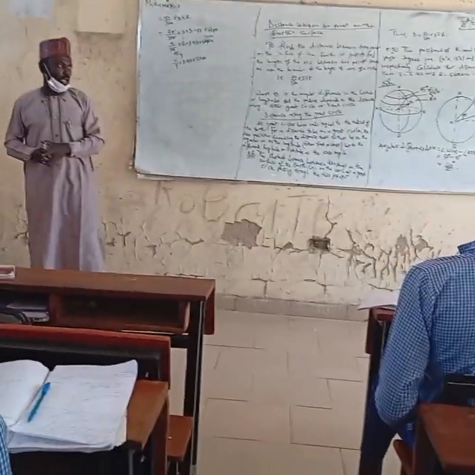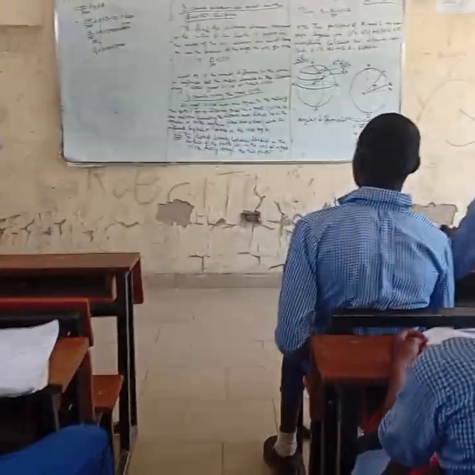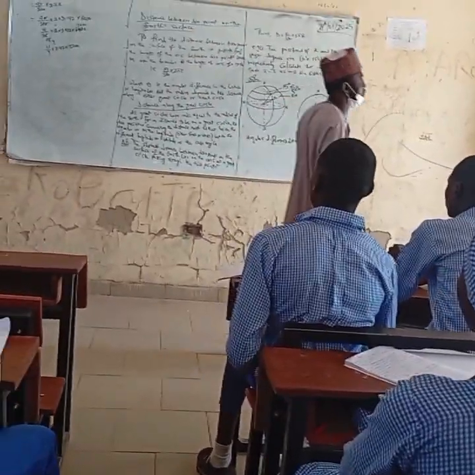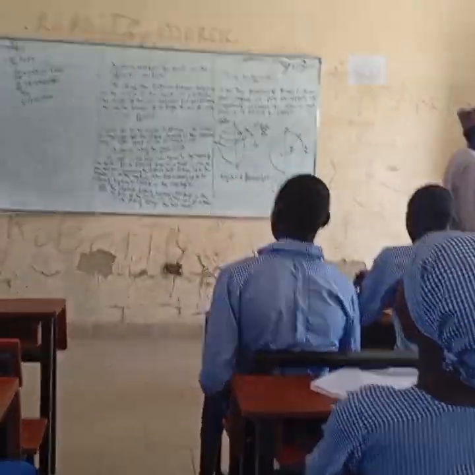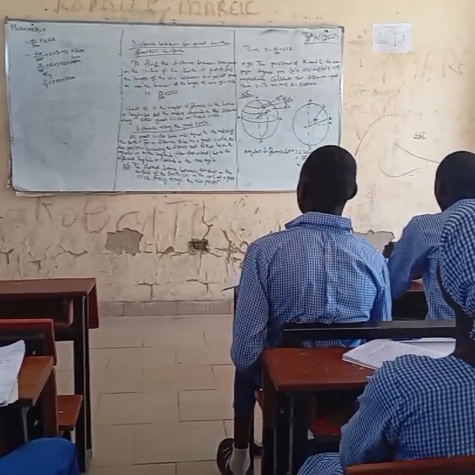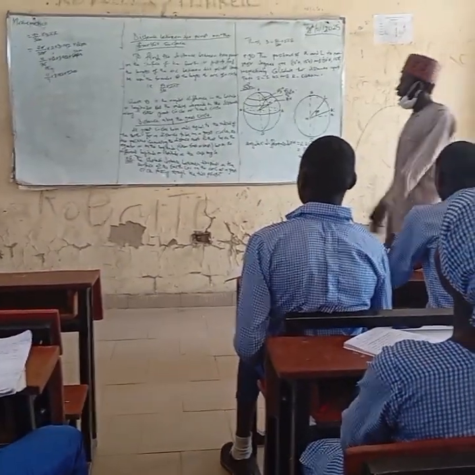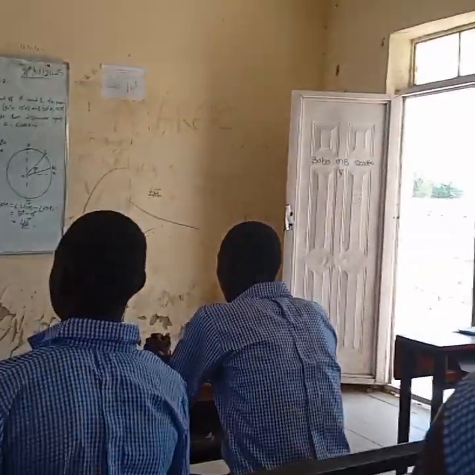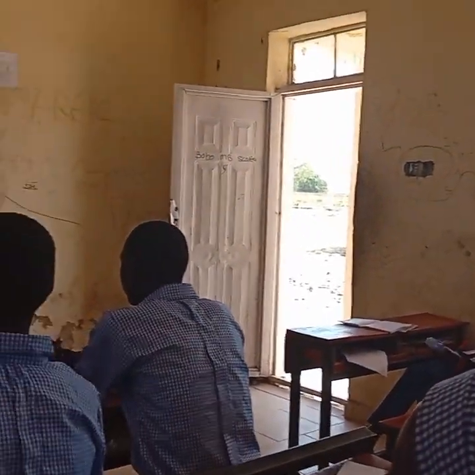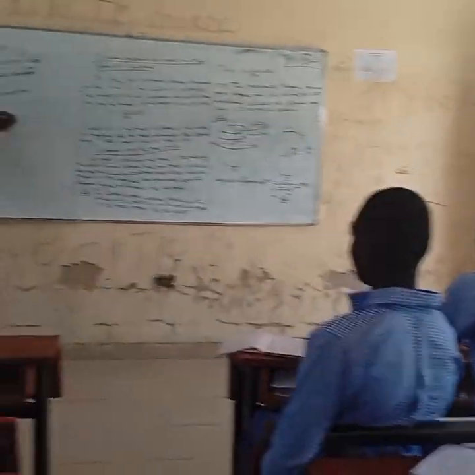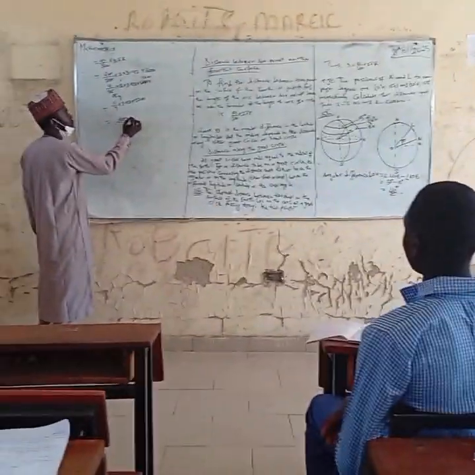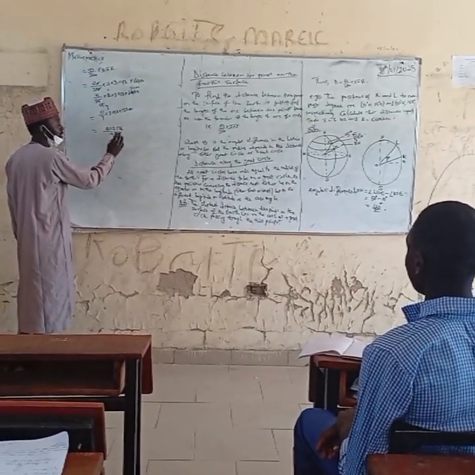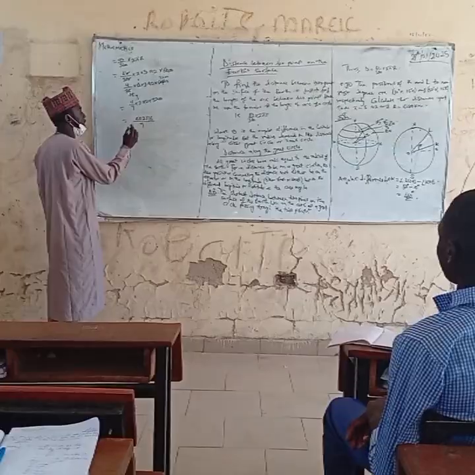Take this one for me. 4 times 3.142, multiply it for me please. That is 12.568. Times again 3,200 is 40,217.6, divided by 9.